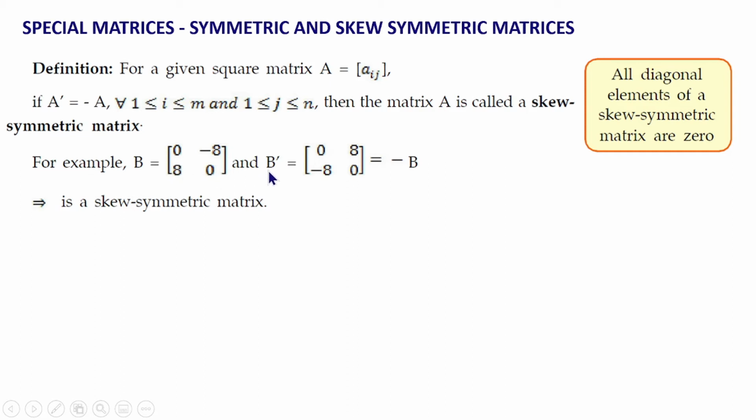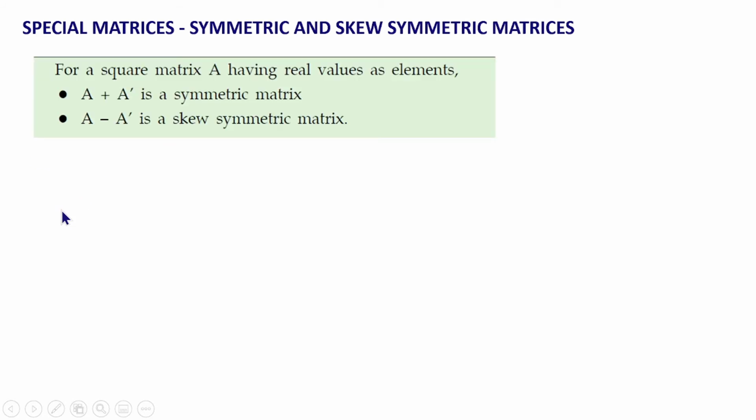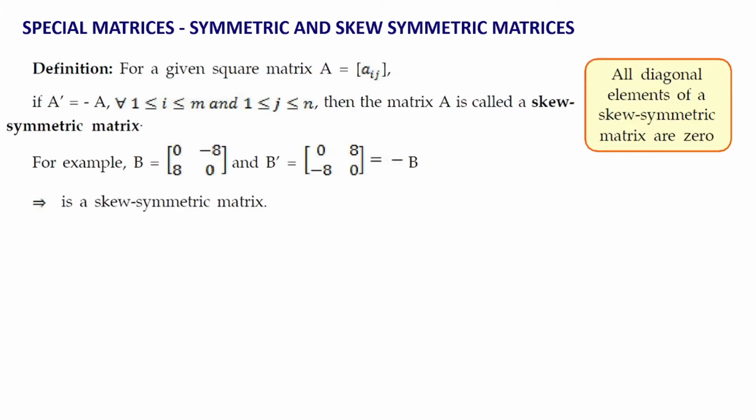If we take the transpose of B, that is, the rows become the columns, we get 0, 8, minus 8, 0. This is equal to minus B, and this is a skew symmetric matrix. And one more important thing, in a skew symmetric matrix, all the diagonal elements are 0.